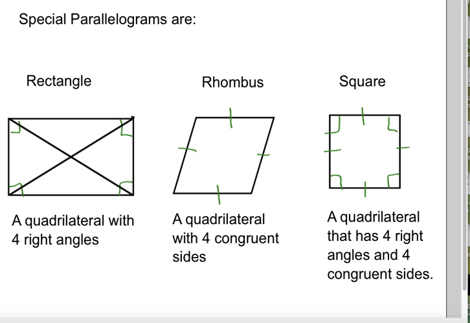If you draw in both diagonals and the diagonals are congruent and also bisecting each other, then all four pieces of these diagonals are congruent. And what it will do is it will create isosceles triangles. So this top angle here and here are congruent to each other because this is an isosceles triangle.